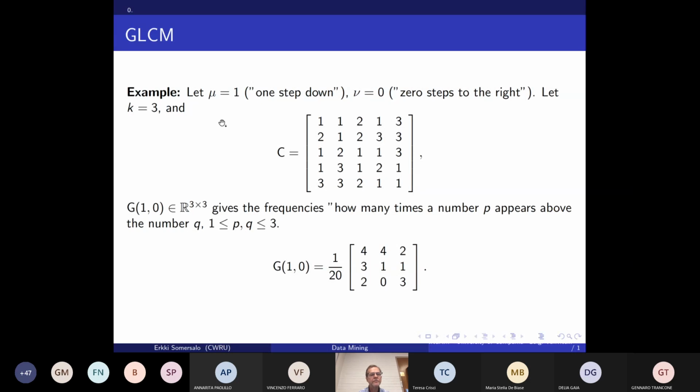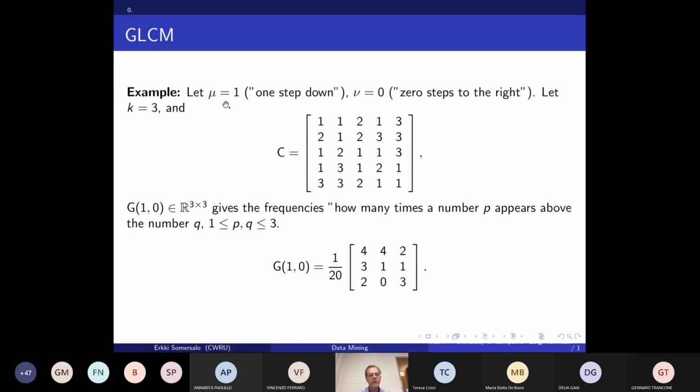So then I'm deciding what my offset parameter is. So here mu is 1 and nu is 0. So I'm the one who is deciding what mu and nu are. So I have decided here that mu is 1, nu is 0. So when I say mu equals 1, it means that I'm moving in my image only 1 step down. And nu is 0, it means that I take 0 steps to the right.